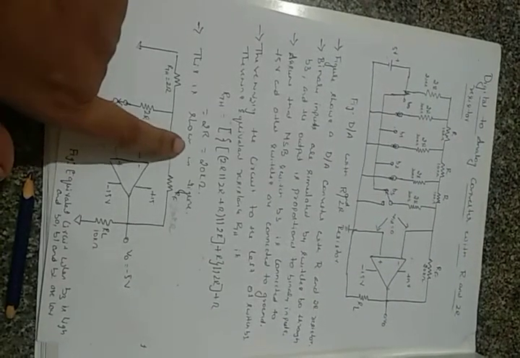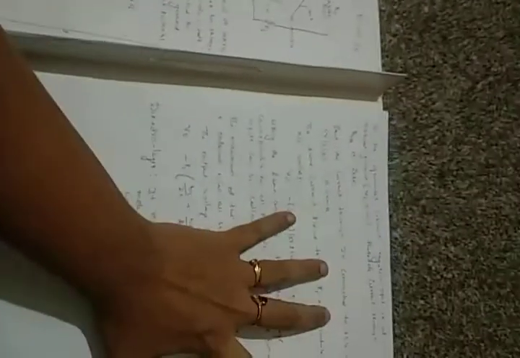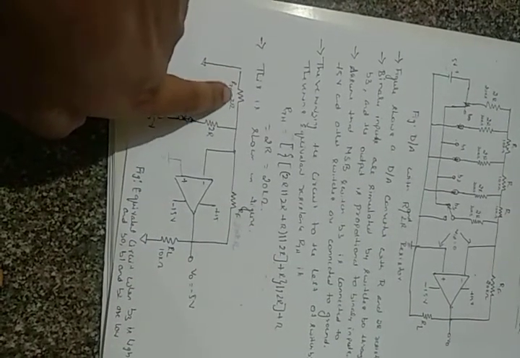The non-inverting terminal is grounded, the inverting terminal is at 0 potential and it is connected to the 20 kilo ohm resistance. So the negative input is at virtual ground, therefore the current through RTH is 0. No current will flow through RTH.